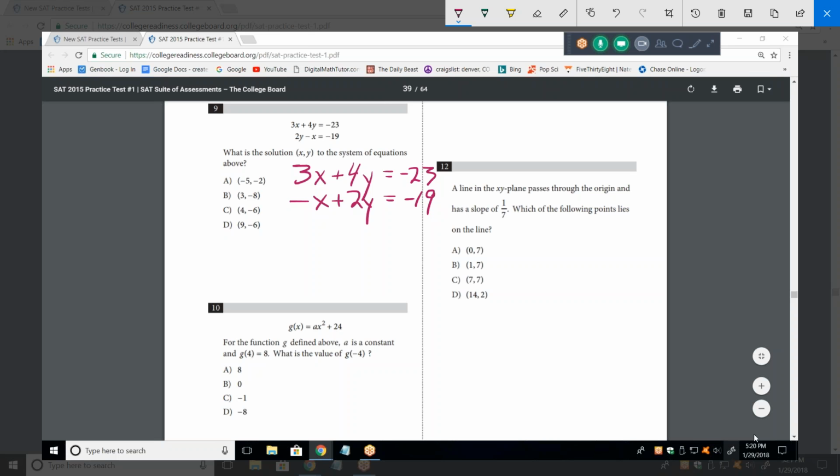Remember what my rules are. I can add these two equations, I can subtract these two equations, or I can multiply one of the equations by the same amount on both sides. If I add or subtract these two equations, a variable does not go away, correct?